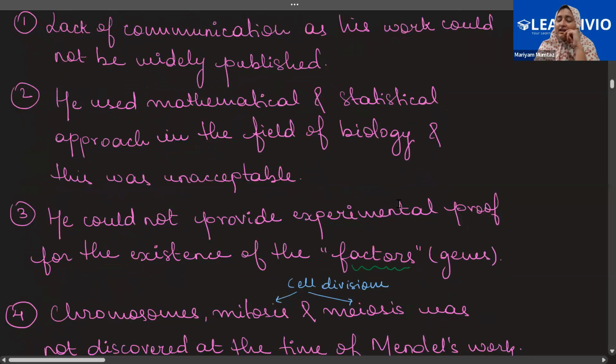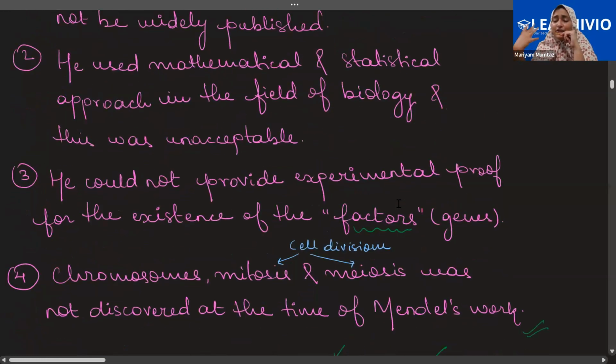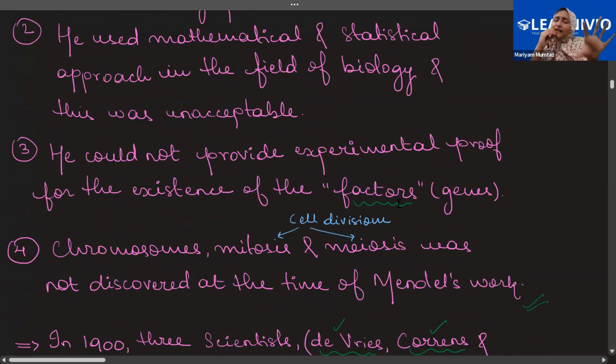And apart from that, even though he gave this whole entire theory, any theory is useless if you do not provide an experimental proof for it. So he did say that factors were being transferred, but he did not say anything about how and what the factors were. So there was no proof.